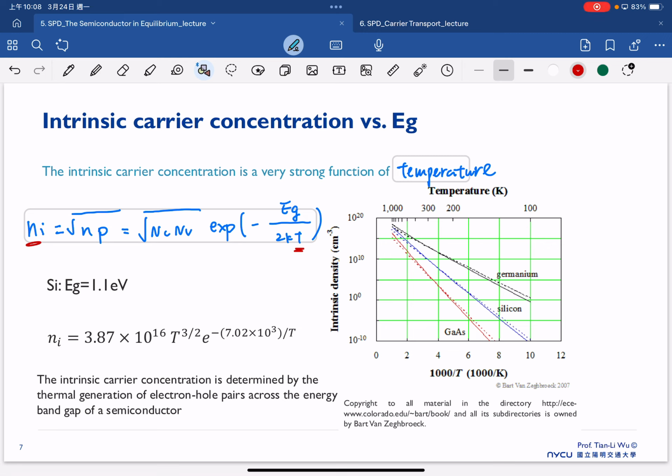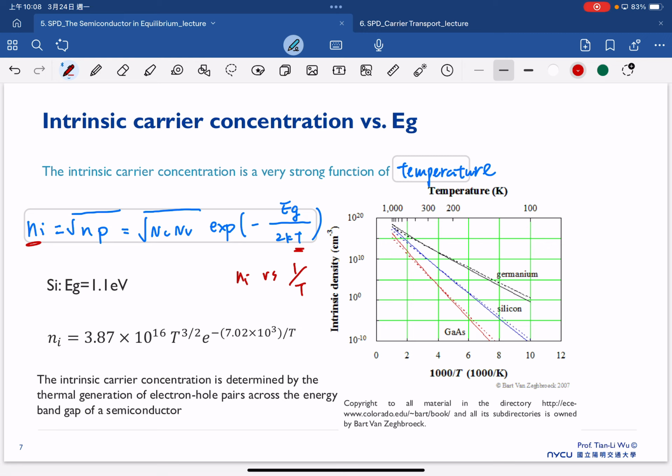Here is the temperature dependence of the carrier concentration as Ni versus 1 over T, because that correlates more with our equations here.